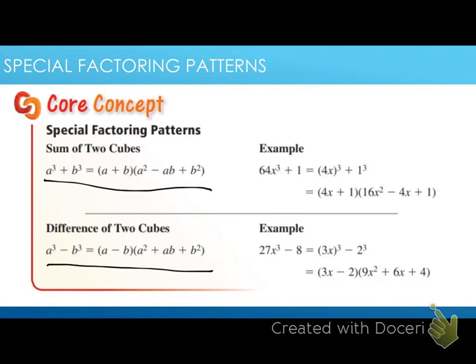If I have the difference of 2 cubes, a term I can take the cube root of, minus another term I can take the cube root of, that factors out to a minus b times a squared plus ab plus b squared.